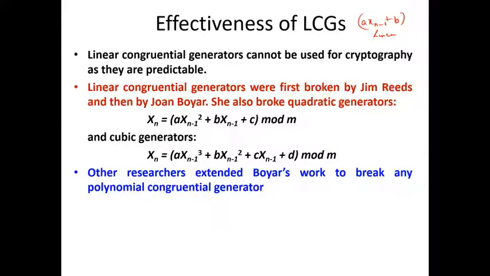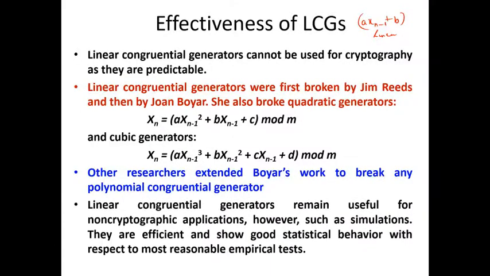So whatever complexity they added in the polynomial generating function to generate the next number given the present random number, they used quadratic equation, they used cubic equation, or in general any other polynomial generator. Everything could be broken easily.